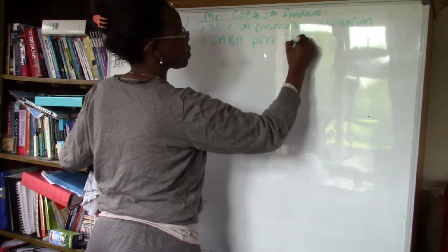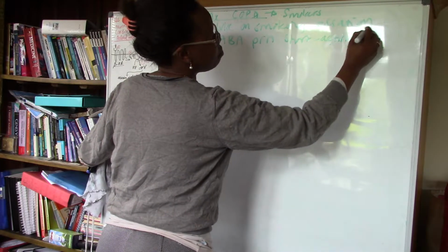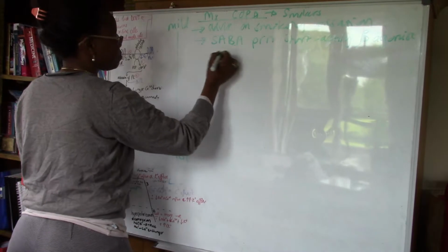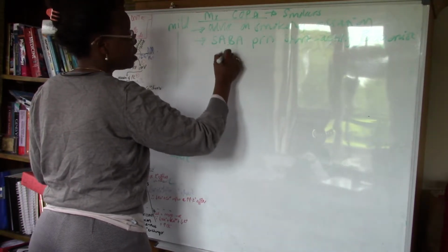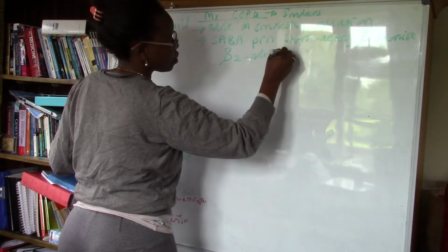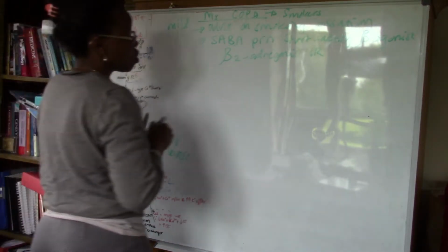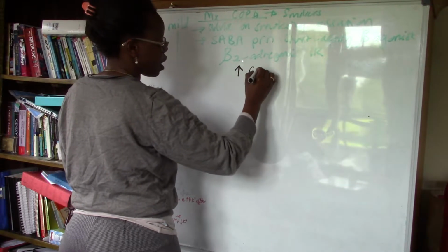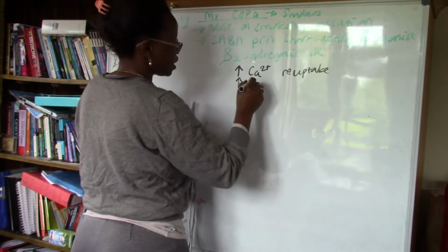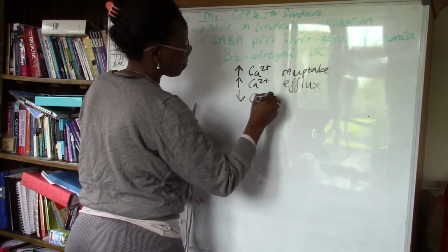So short-acting beta agonists work by activating the beta 2 adrenergic receptors, and when these receptors get activated, they increase calcium reuptake, and then they also increase calcium efflux out of the cell, and then they reduce calcium influx.